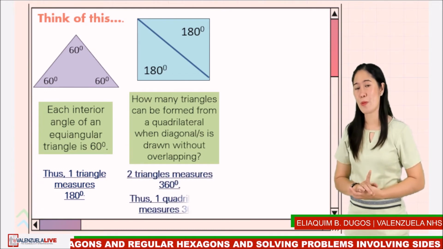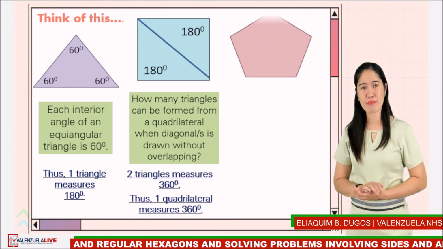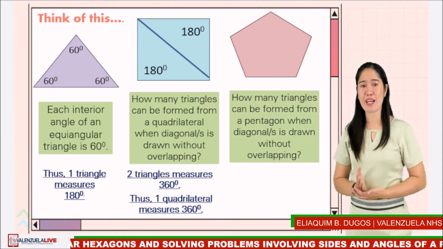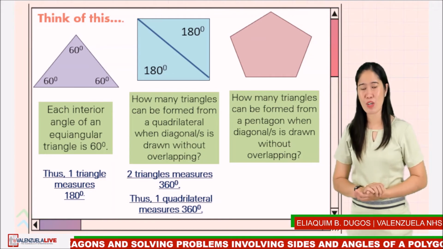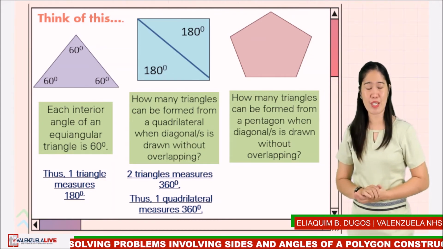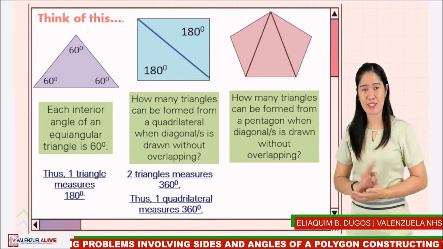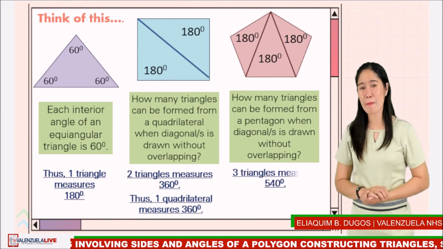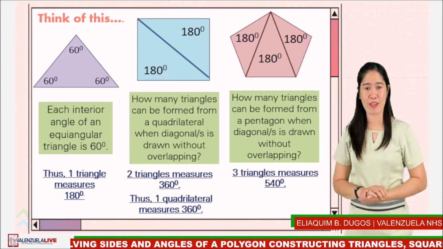Next, figure number 3, a pentagon. How many triangles can be formed from a pentagon when diagonals are drawn without overlapping? We can form 3 triangles. Thus, one pentagon measures 540 degrees.